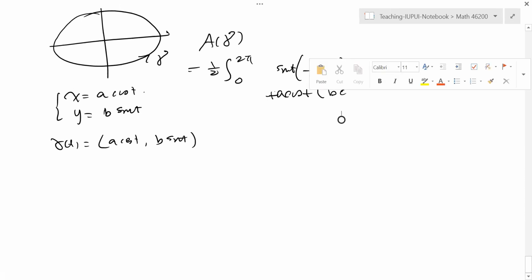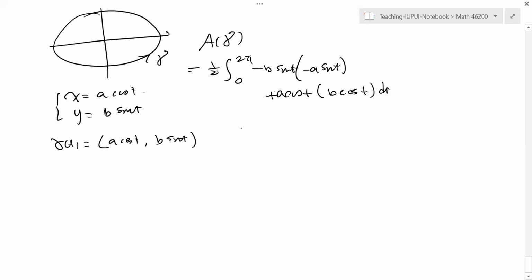So after you enter all the functions, you will get the integral of just ab.